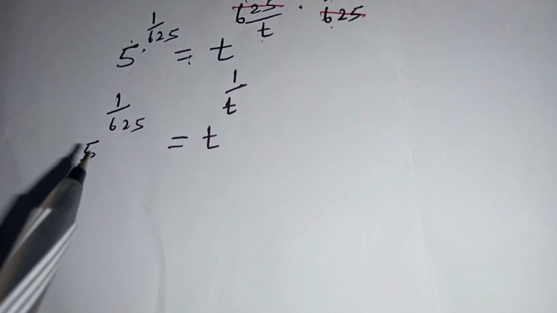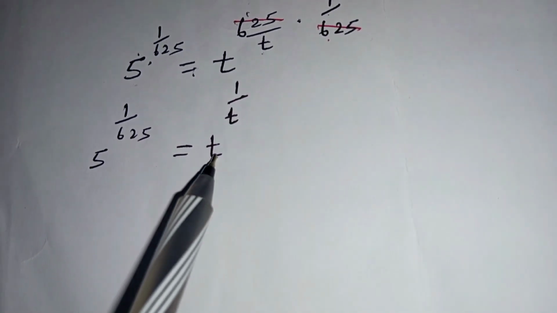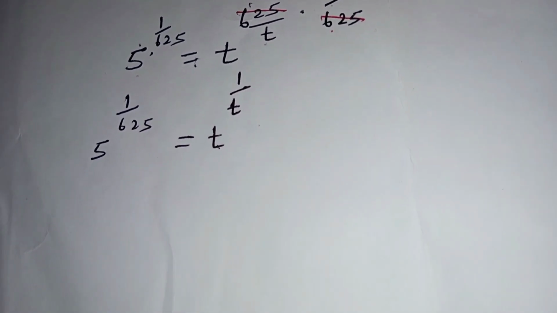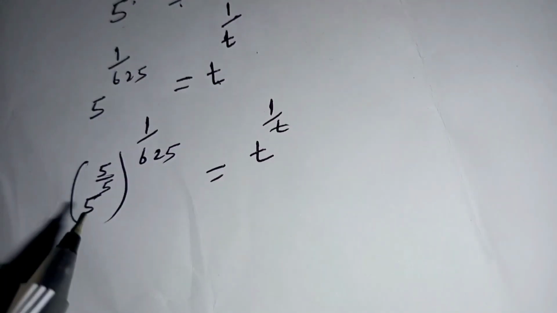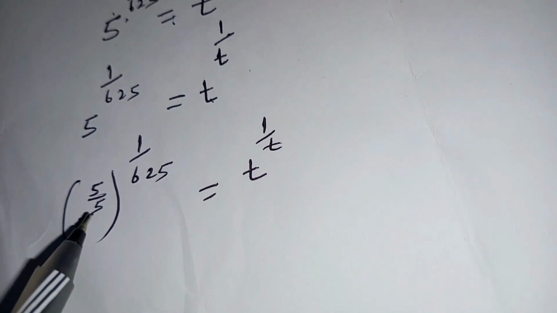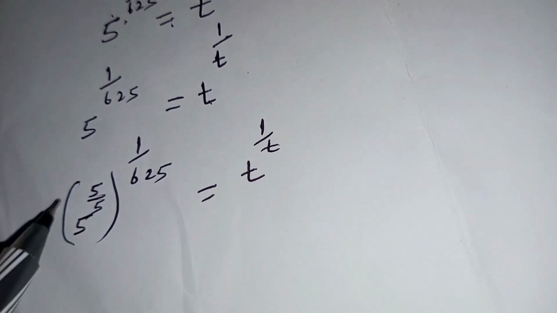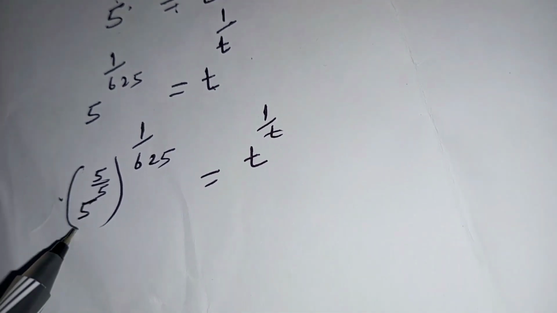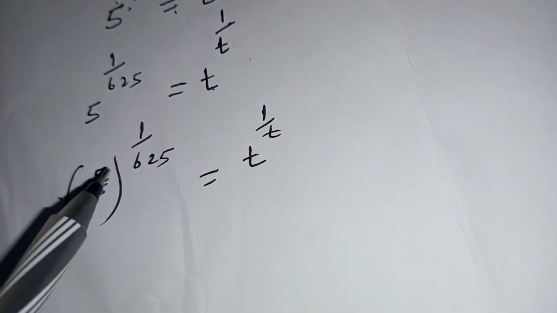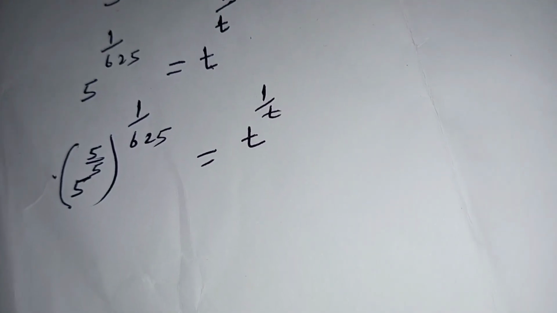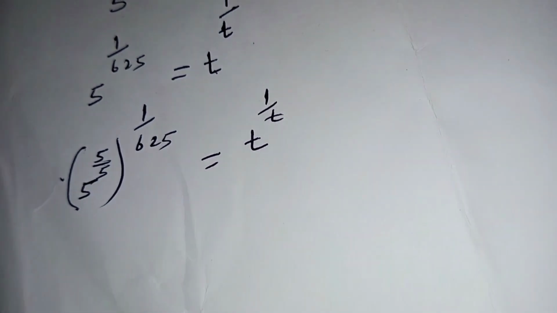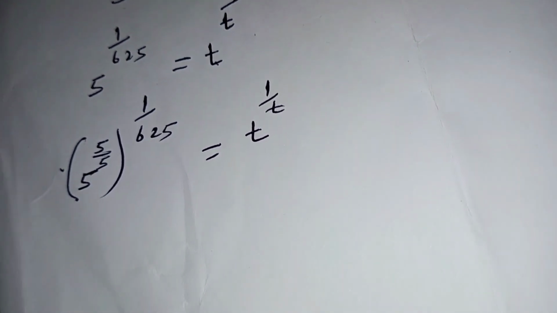So the objective now is to make the base to be the same as the index, because here we have t and here we have t, by the following. So we note that 5 over 5 is 1, so we can introduce 5 over 5 as the index multiplied by 1 over 625.